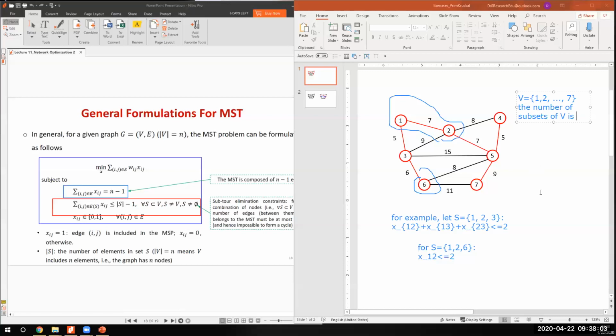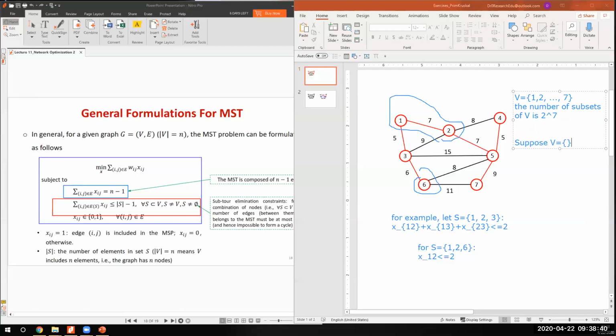For any set, the empty set is a subset of V. So after the empty set, how many do you have? You're actually gonna have 2 to the power of 7. You know why? Because for any node, you're gonna consider whether it's included in the subset or not. Let's start with a relatively simple example.